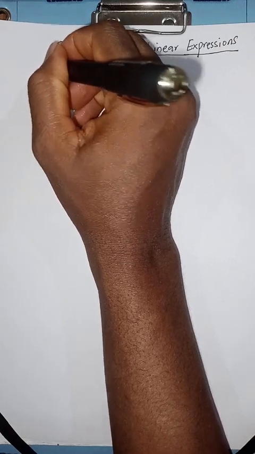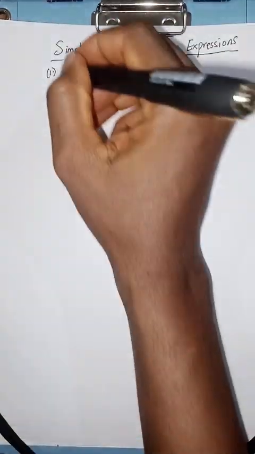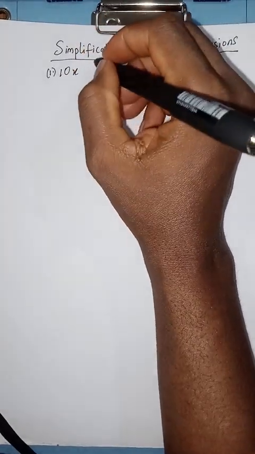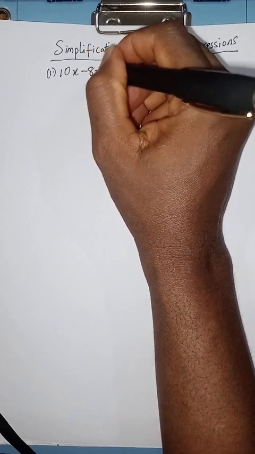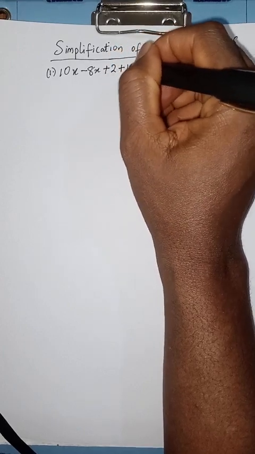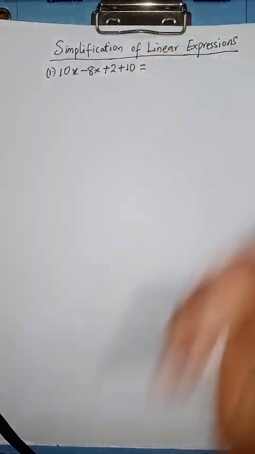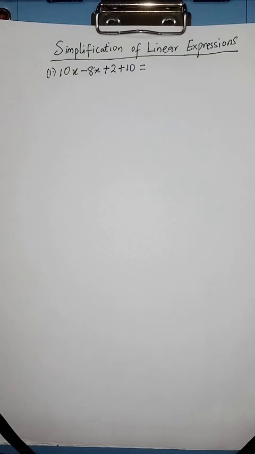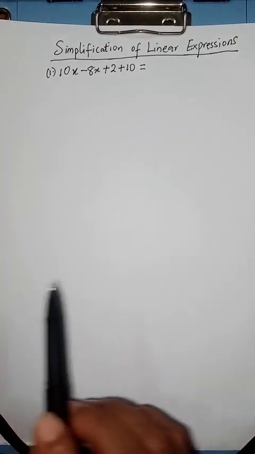Now let's assume I have this question. Number one, I have 10x minus 8x plus 2 plus 10. What will be the answer to this question? Now notice that the expression has been arranged for you.